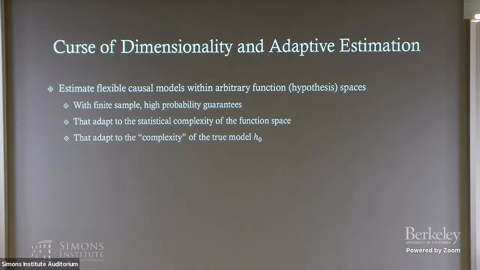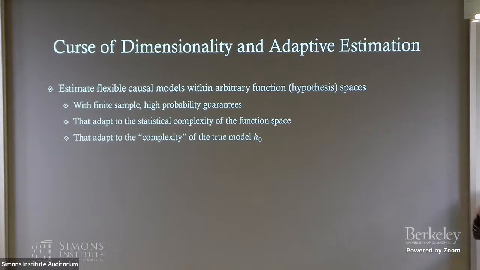And so the way that we're going to try to address the curse of dimensionality is to be able to handle this problem with arbitrary hypothesis spaces. If someone gives me a hypothesis space over which I believe my model lies, I want to get a rate that depends on the statistical complexity of that hypothesis space. So not just the fully non-parametric examples that are typical in non-parametric statistics, where you just assume some smoothness.